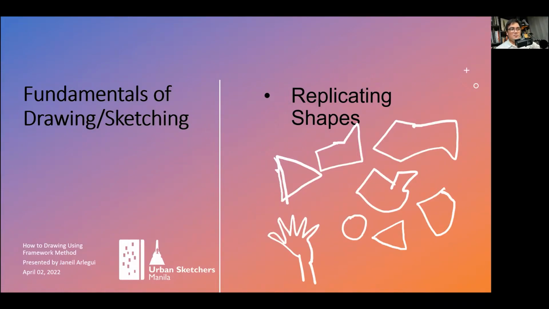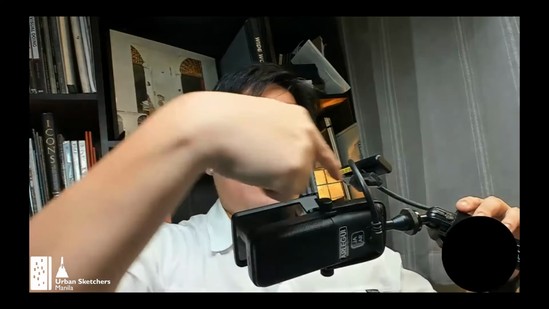Edges of the objects can be transformed into replicated shapes on paper, a representation of what you see onto two-dimensional paper or canvases. So this, for example, my microphone has a certain shape. You can start out drawing this microphone by just looking at the edges and following the shapes before the details. So, replicating shapes.